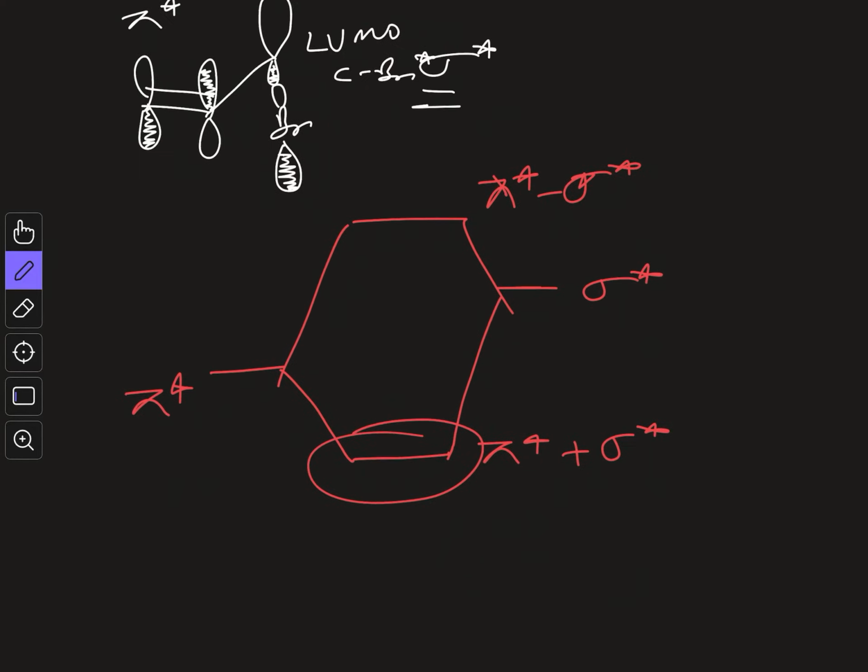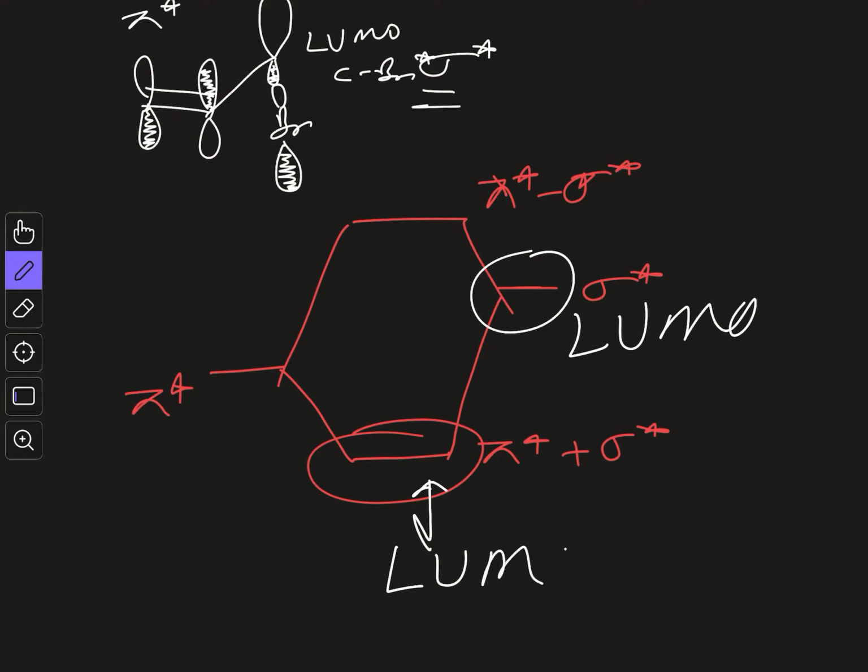Previously we had the LUMO somewhere here, but this is our new LUMO, and you can see our new LUMO is lower in energy. We know from our previous study that if we lower the energy of the LUMO, it will be closer to the energy of the HOMO, and that's why the nucleophile can easily do the reaction. So this conjugation between the pi star and the sigma star lowers the energy of the LUMO, and that facilitates the reaction.